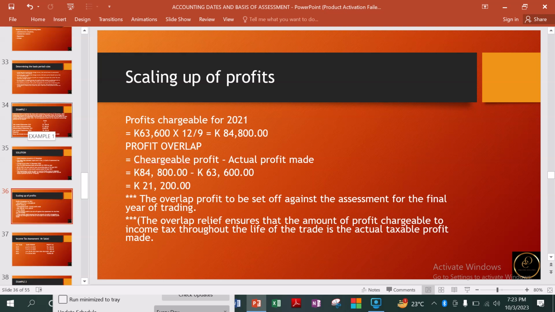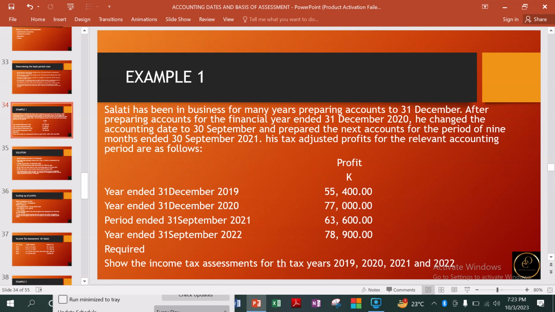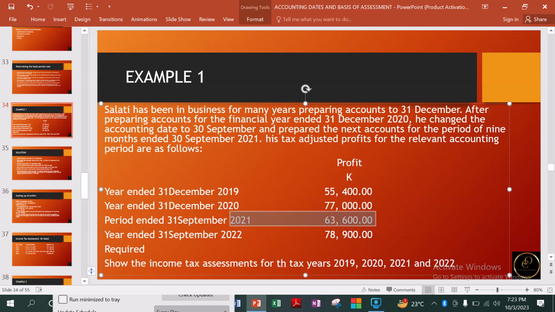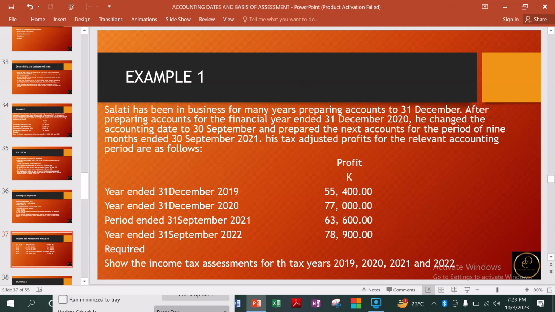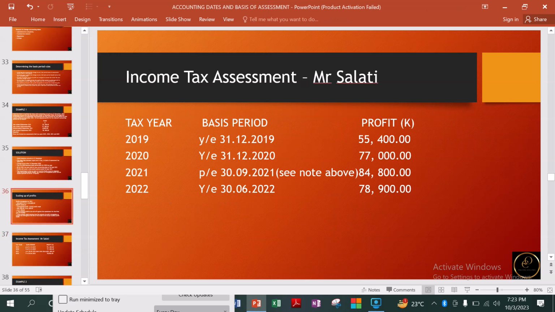Remember, the profit which needs to be scaled up is this particular one, the period ended 30 September 2021. The figure is 63. This is a 9-month period, so it has to be scaled up, stretched to a 12-month period profit assessment. So that's what we are going to look at.